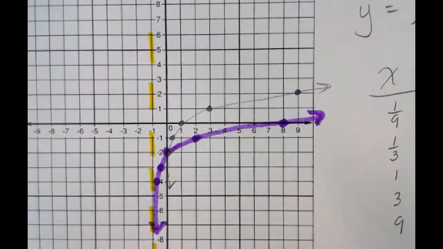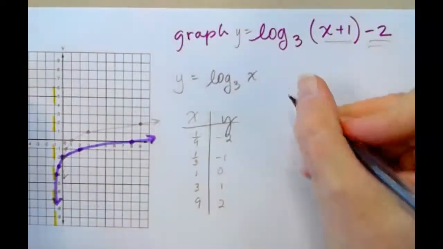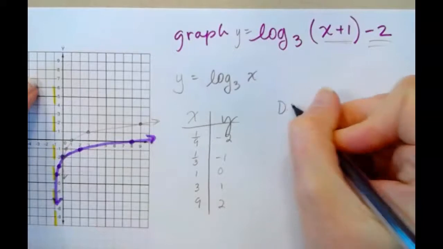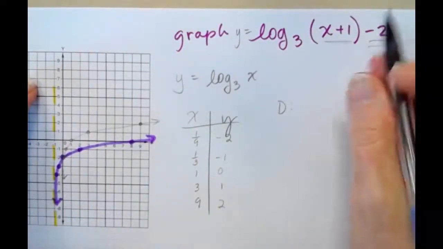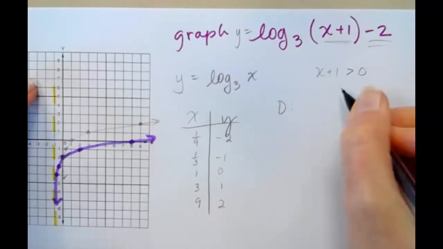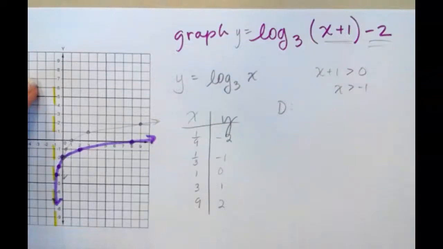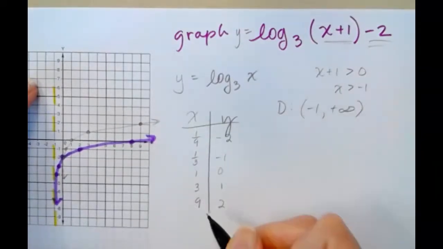So let's write in our domain and our range for our graph. The domain here, think about it. If x plus 1 is in the parentheses, then x plus 1 must be strictly greater than 0. So x must be greater than -1. So our domain is -1 and bigger.